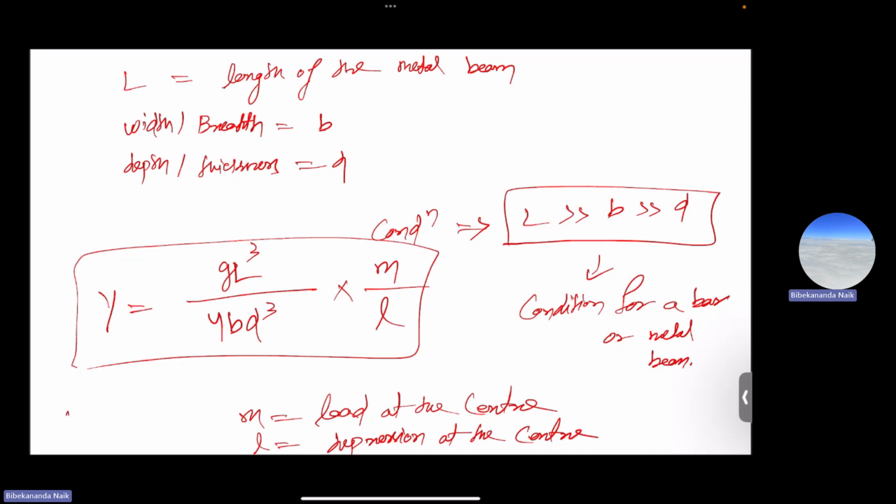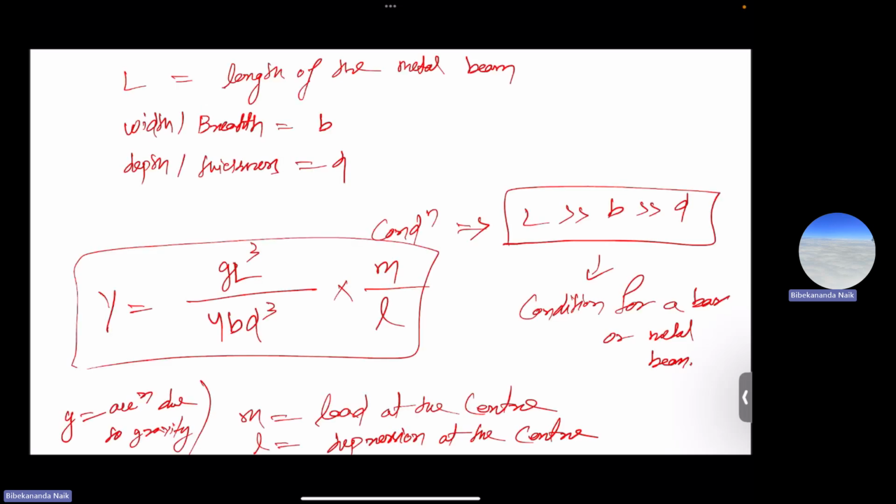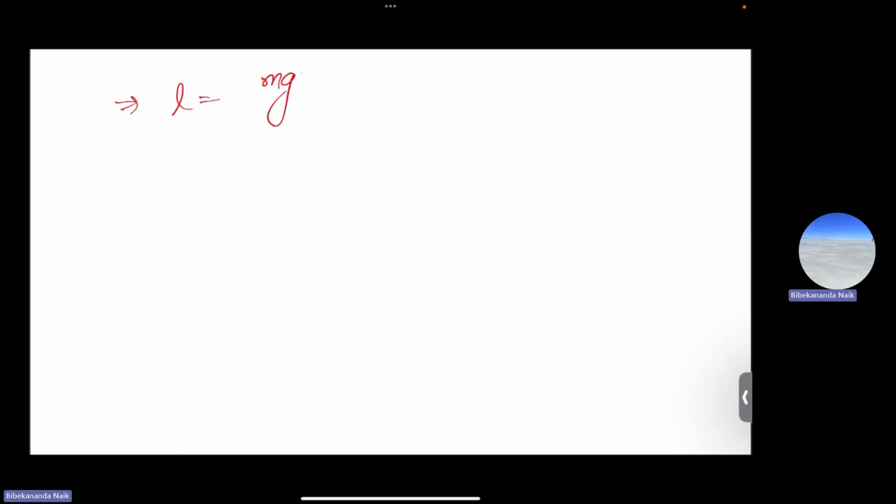And we all know g is acceleration due to gravity. So if we rearrange, l will be m g L cubed divided by 4 Y B D cubed, or we know weight is called mg, that is weight.